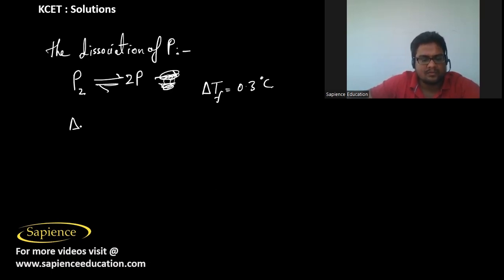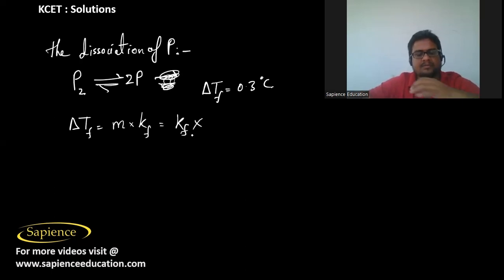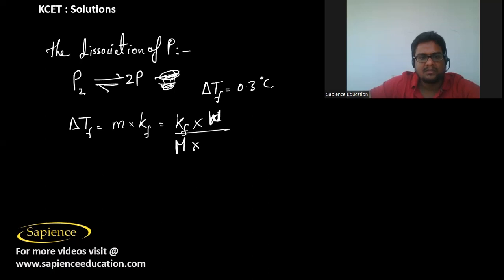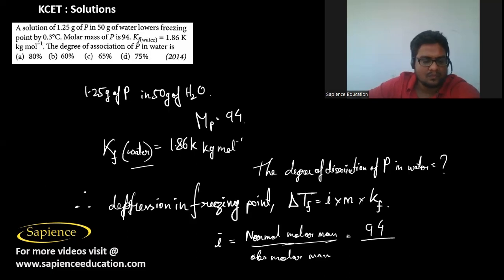Now we know that delta Tf equals m into Kf. m is the molarity, that will be given as the number of moles, means the given weight divided by the molar mass, in 50 gram of water.